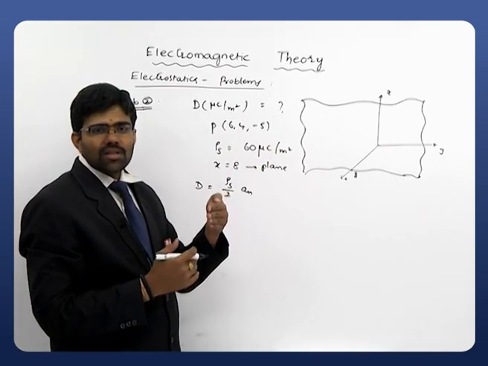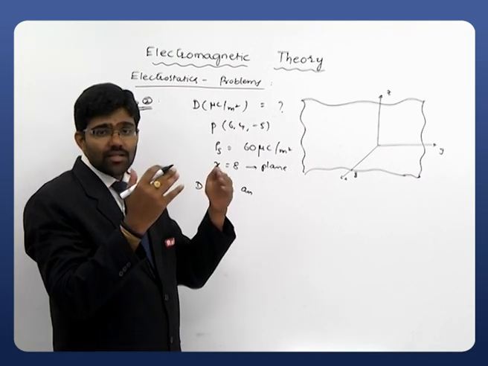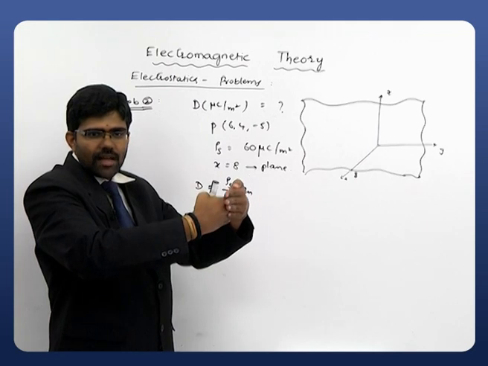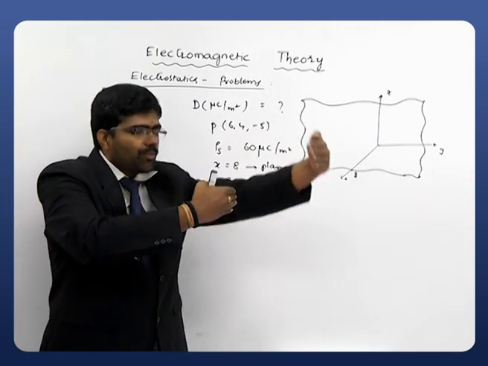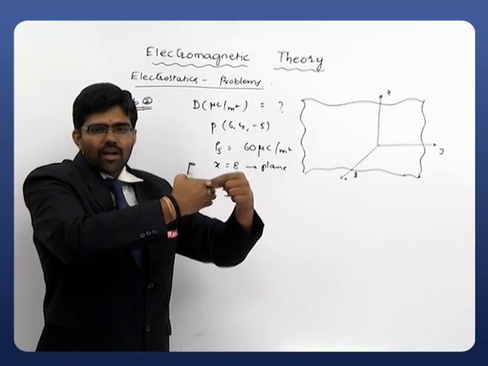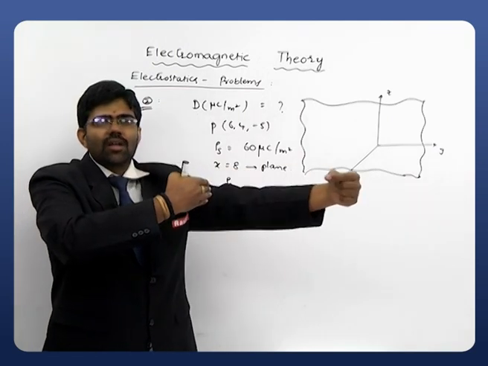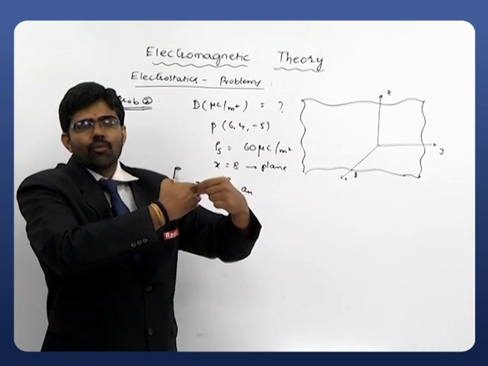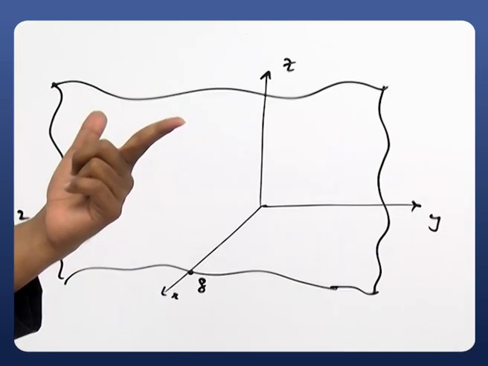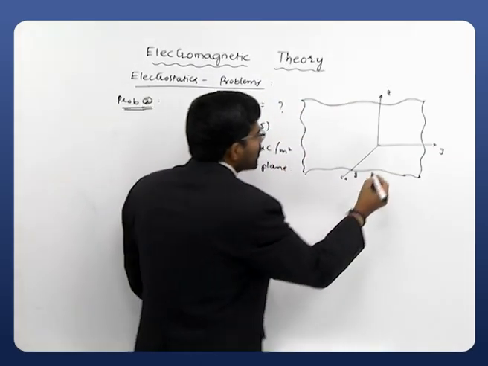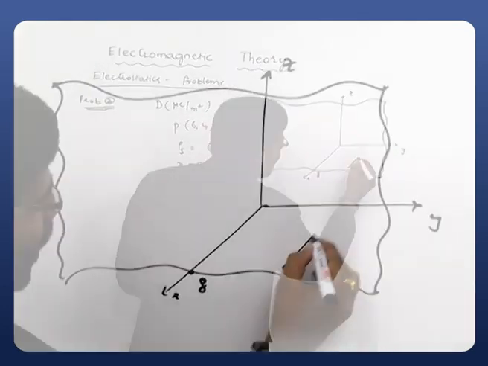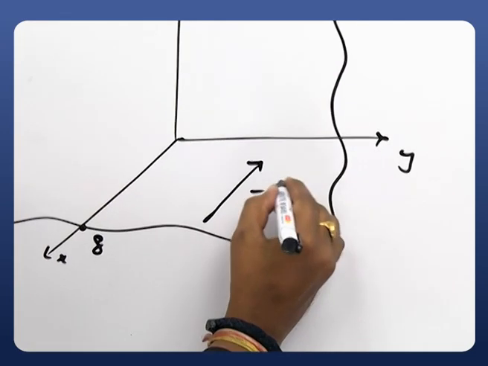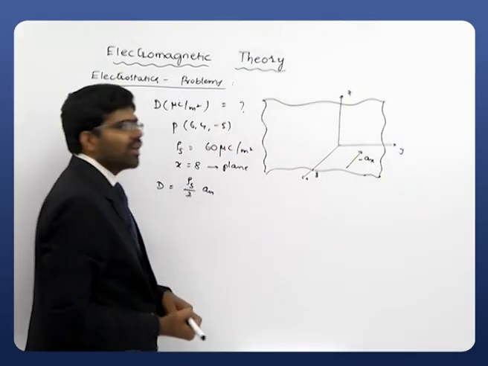So I need to imagine initially that this is the sheet, the charge is on that sheet, and the point is behind this sheet. If I draw a normal from the sheet to the point, how will it be? Always that will be in the direction of the negative x-axis. Just observe that. Somewhere the point is there, and if I draw a normal from this sheet to that particular point, it is always in the direction of the negative x-axis.